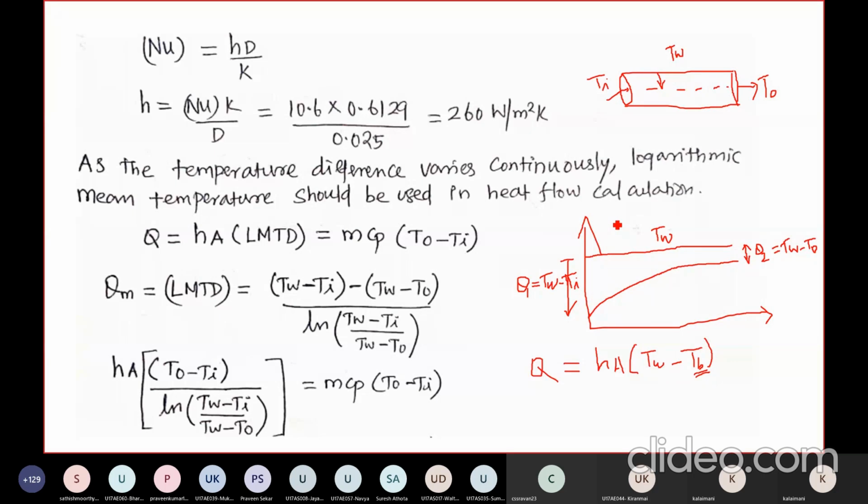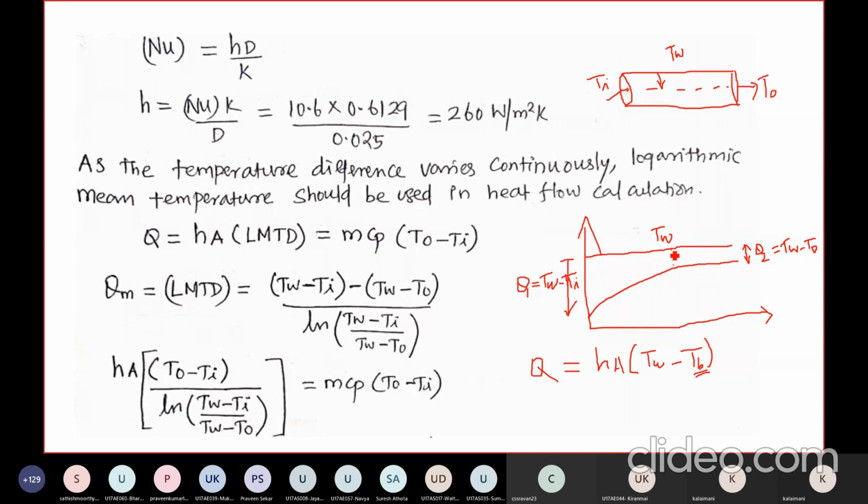It is a fully developed hydrodynamic layer at the entering region, where it varies gradually. After a certain zone only, we can use this relation: Tb is equal to (Ti plus To) by 2.